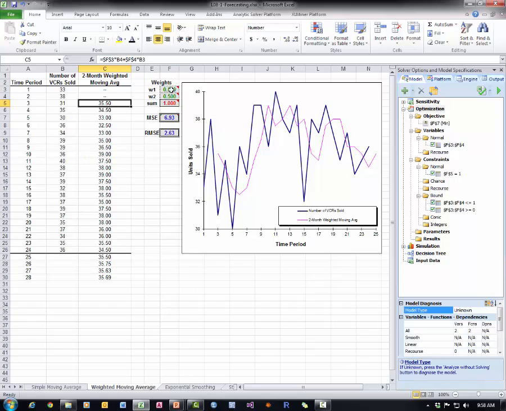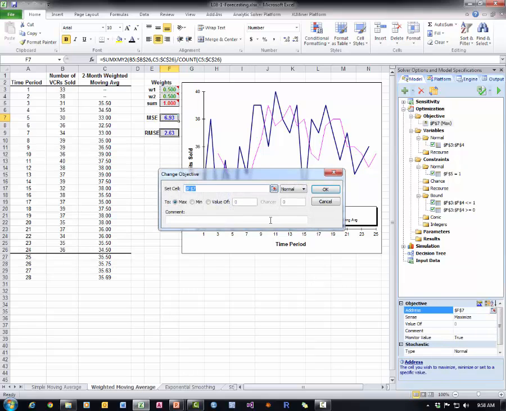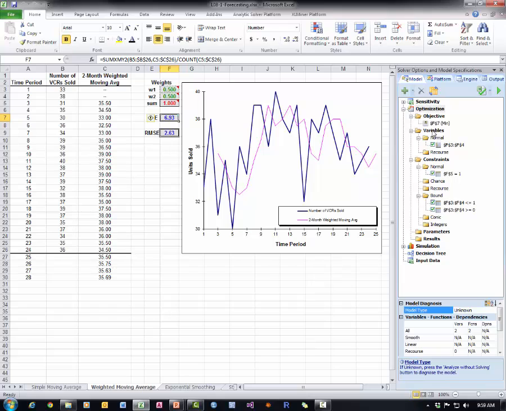Once you set this up and put all the weights, if let's say I asked you for a 4-period moving average, you can start off with 0.25, 0.25, 0.25, 0.25. And then we are trying to minimize our mean squared error. So we go up here, we set an objective which says our F7, we're trying to minimize the mean squared error by changing our variables.